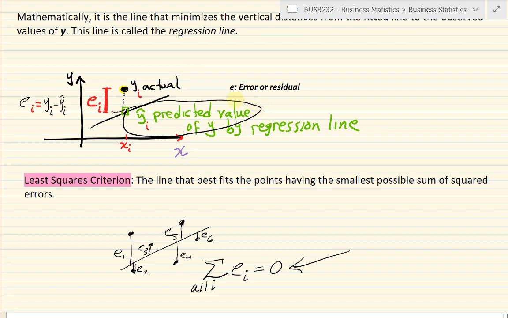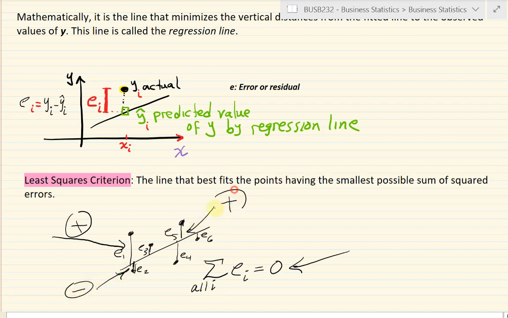So a positive residual means the point sits above the regression line. In my drawing here, this is going to be a positive residual. This is going to be a negative residual. So some of these are positive, some are negative. If you add up all of these positive and negative residuals, they're going to add up to 0.